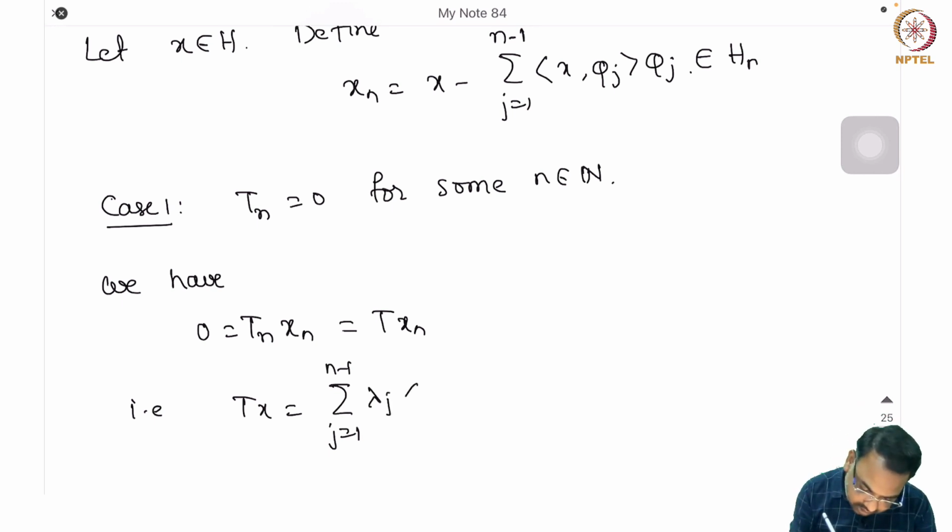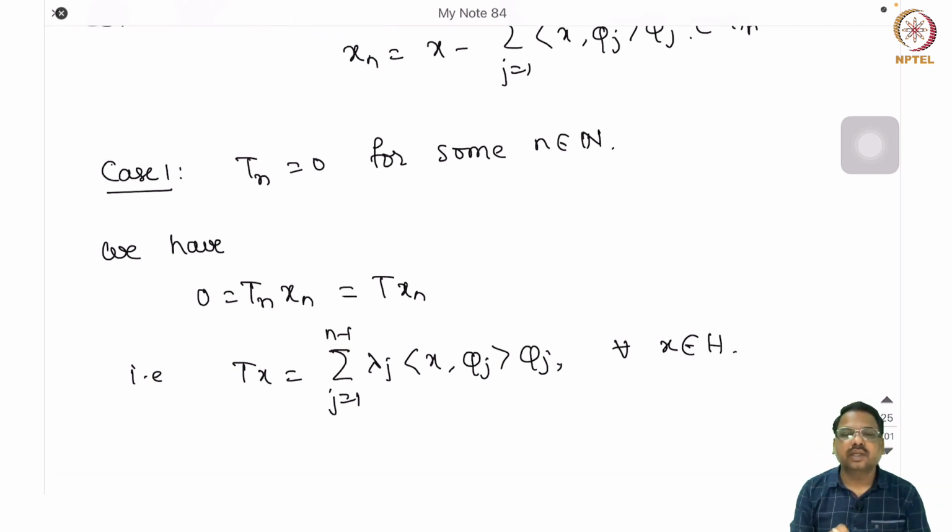So you will get lambda j inner product x with phi j multiplied by phi j for every x in H. That means T is a finite rank operator. In fact, the rank is n minus 1.